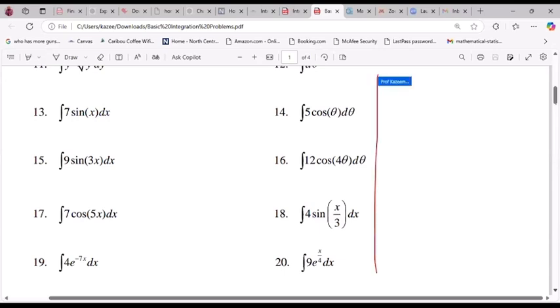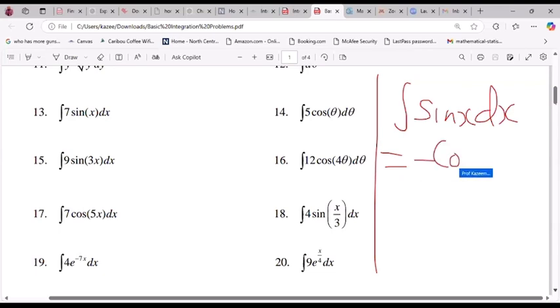If we want to talk about trigonometric functions, where we have a sine, a cos, a tan, we actually have some standard ways to integrate them. For example, the integral of sine x dx is going to be negative cos x plus constant. That's a rule.